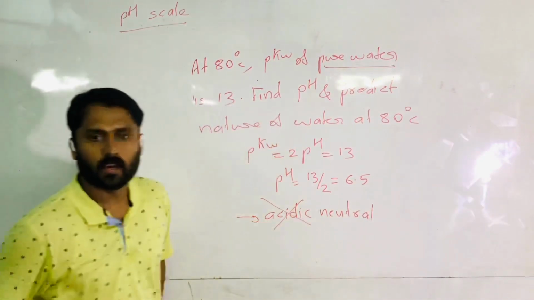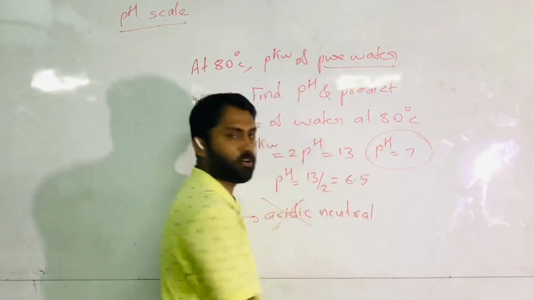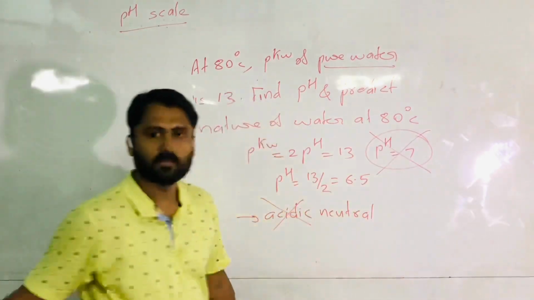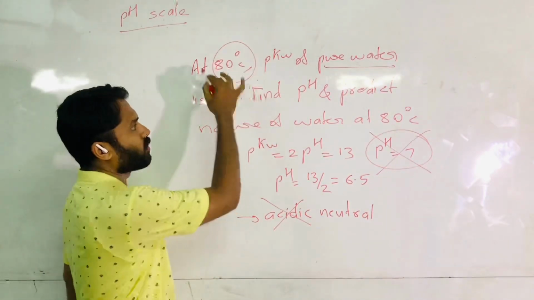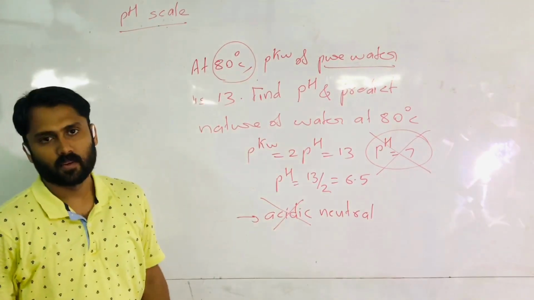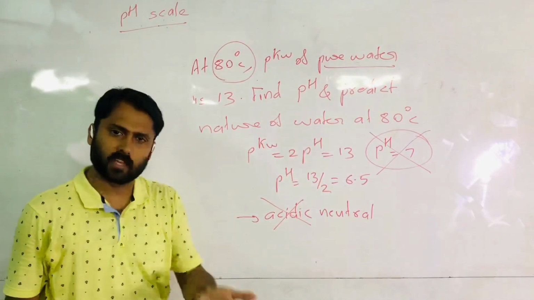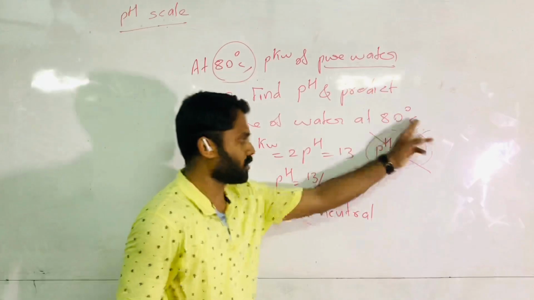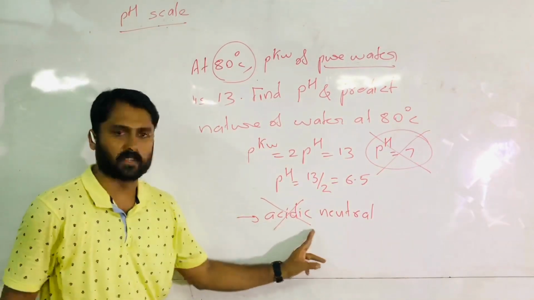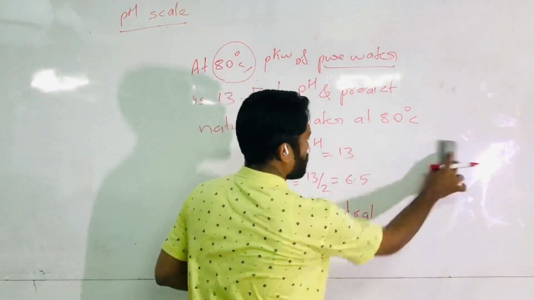Why? Here, pH 7 for water has no significance because the temperature is not 25 degrees Celsius, it is 80 degrees Celsius. So, we cannot use the term pH 7 for water. If it is less than 7, that is acidic, still it is neutral. We can simply explain this.